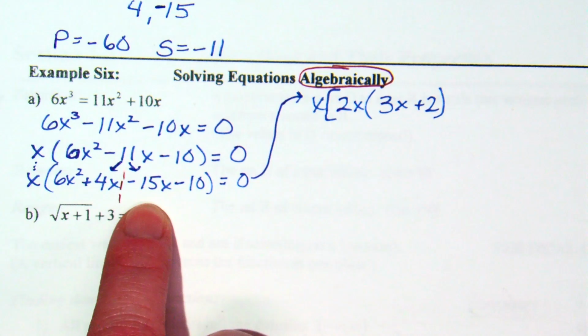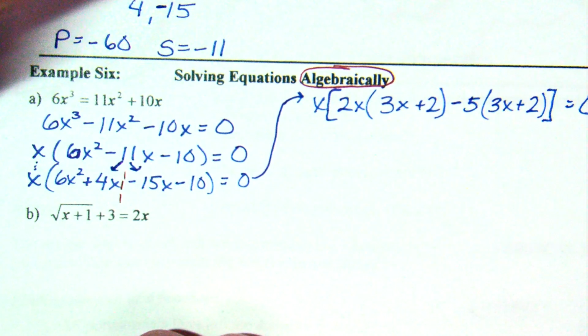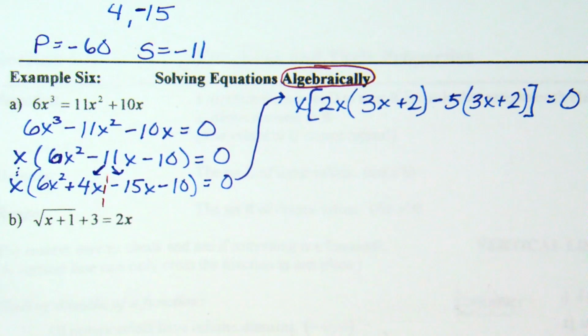Minus 5, negative 5. If nothing else, because that 15x term is negative, use a negative. So we're going to do minus 5. Parentheses, what remains after I factor out the minus 5? 3x plus 2. In parentheses, in brackets, it all still equals 0.